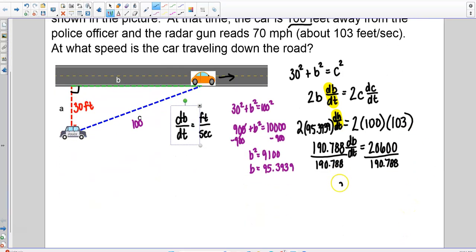And dB dt is going to be 107.973. And that B is measured in feet, so that is feet per second.